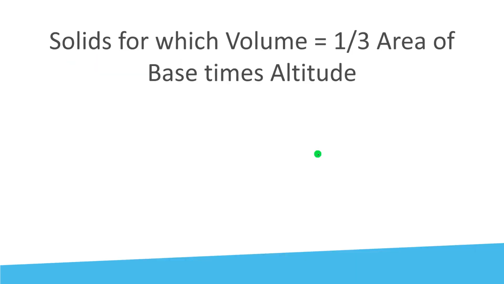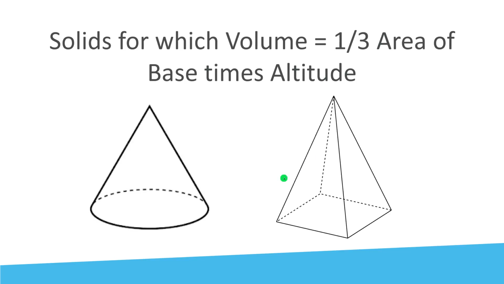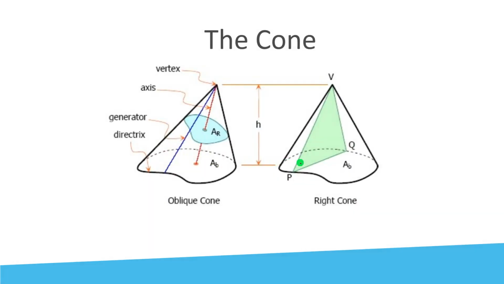So we come now to the solids for which volume is equal to 1/3 the area of base times the altitude. So these solids are cone and a pyramid. So let's discuss first the cone.